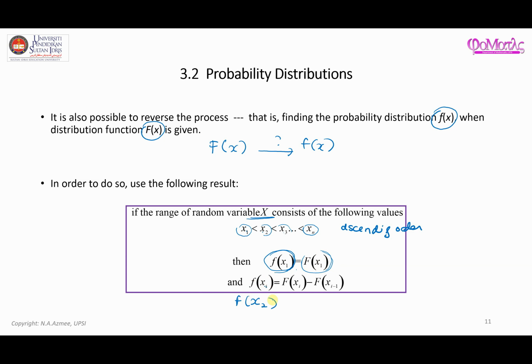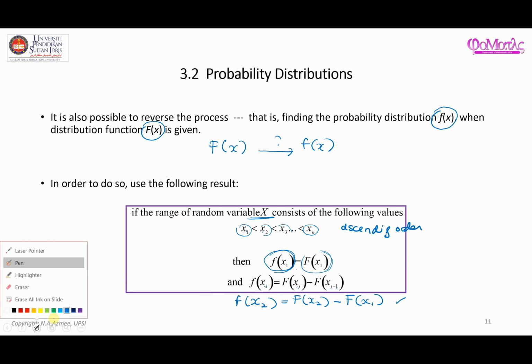Therefore, in order to get this result, you have to find the distribution function for xi, i equal to 2, and you've got to subtract the distribution function for x1, because i minus 1: i is 2, so 2 minus 1 is 1. So this is the process in order to find the probability for x equals x2. This is what you have to do.